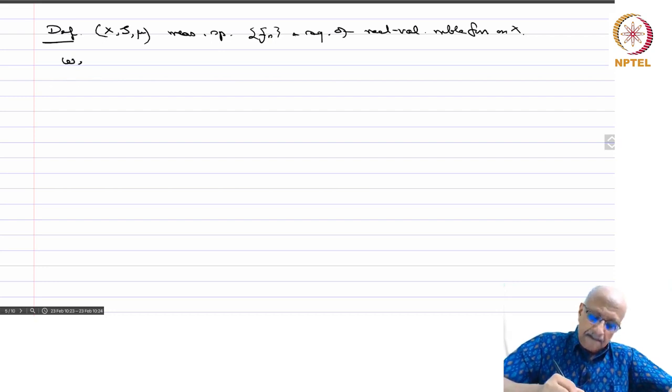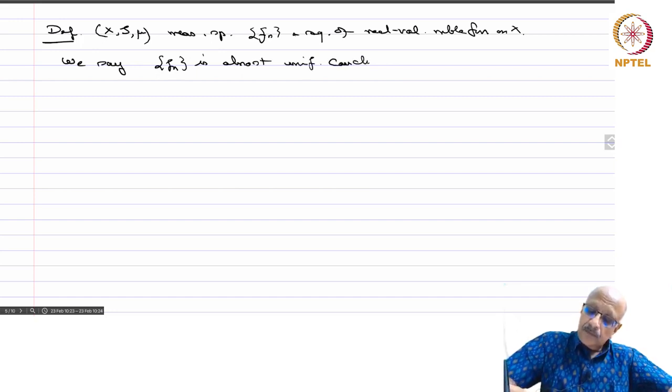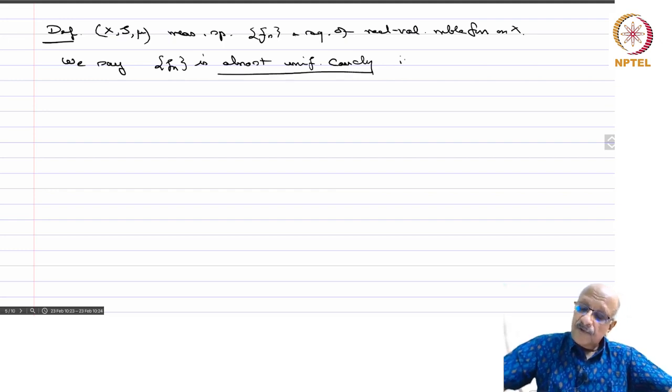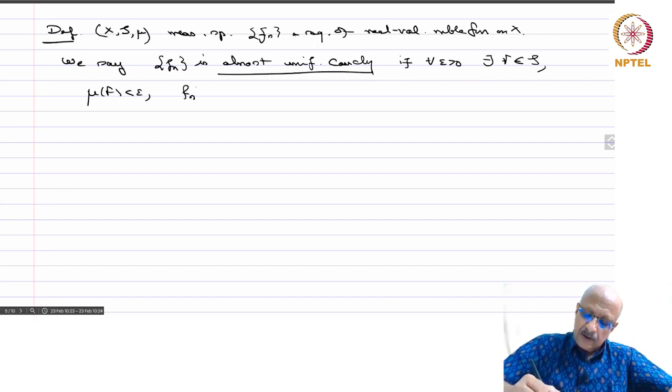So we say f_n is almost uniformly Cauchy if for every epsilon positive there exists an F in S, mu of F less than epsilon, and f_n is uniformly Cauchy on F complement.